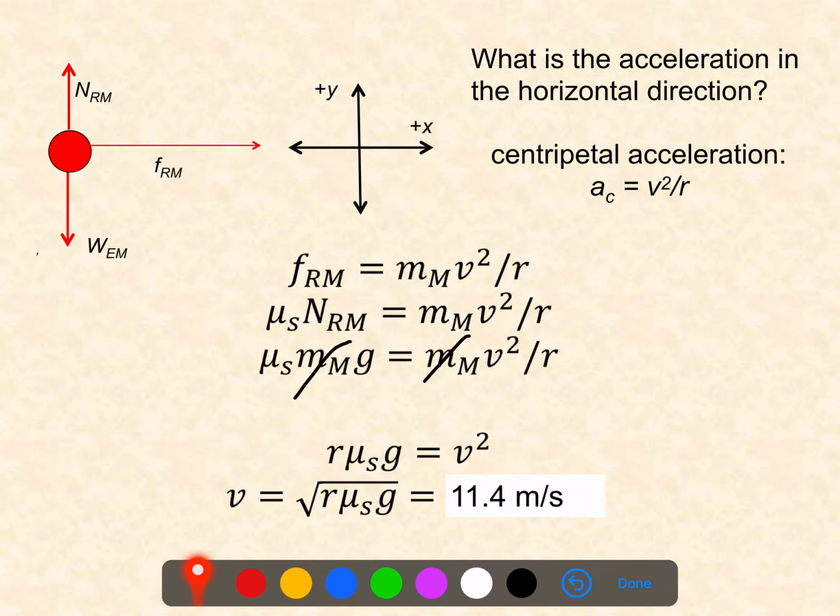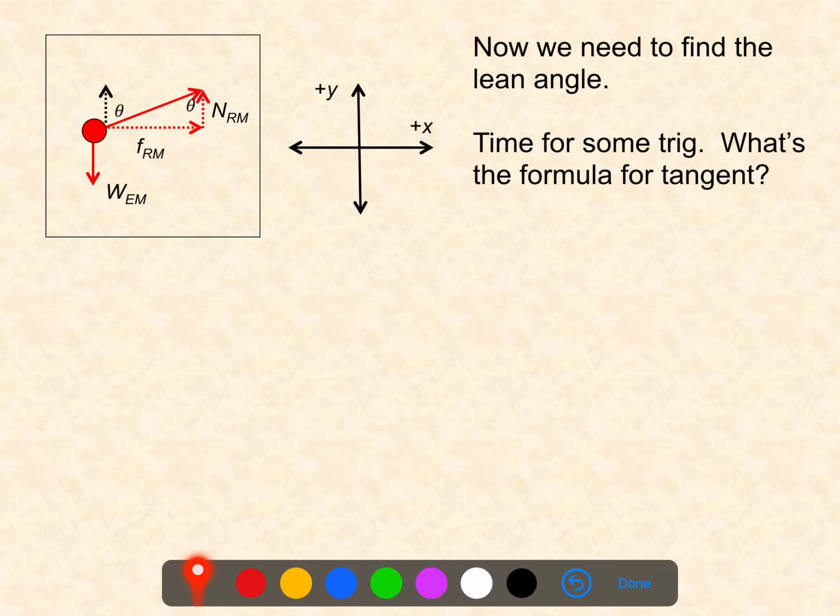So how does this speed now allow me to figure out something about how to lean? The first part was just to figure out how fast can I go. This is how fast we can go. The next part is, how do I figure out how to lean in order to achieve that speed and make sure that everything is balanced?